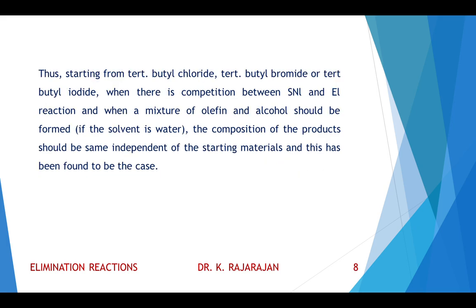Thus, starting from tertiary butyl chloride, bromide or iodide, when there is competition between SN1 and E1 reactions and a mixture of olefin and alcohol is formed, the composition of the products should be the same independent of the starting material, and this has been found to be the case.